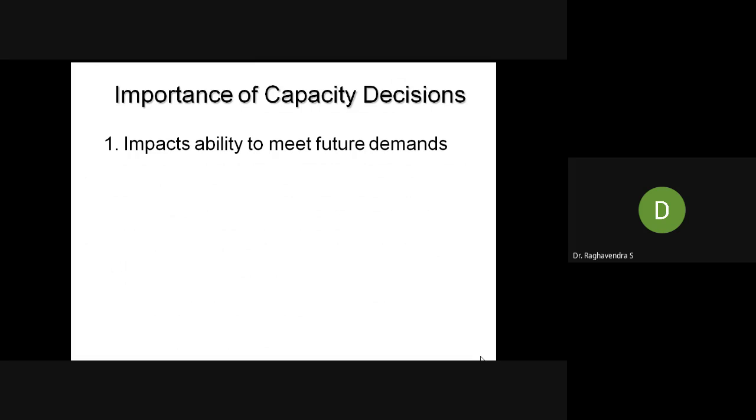What are the impacts? Ability to meet future demand. You can take the example of masks because of the COVID-19 situation in society. Suddenly, the textile manufacturers and some other manufacturers took a decision and were able to produce for this demand, because every month there is a huge demand for masks.